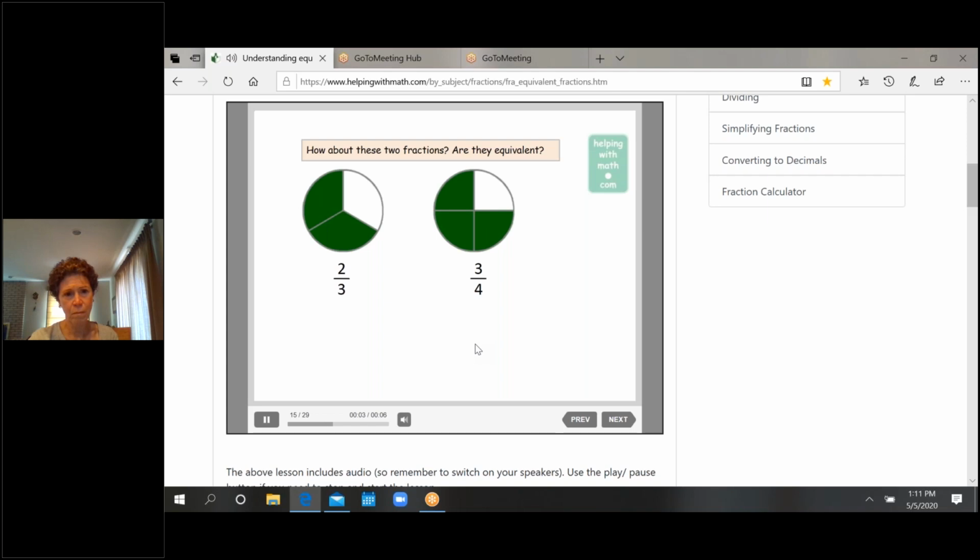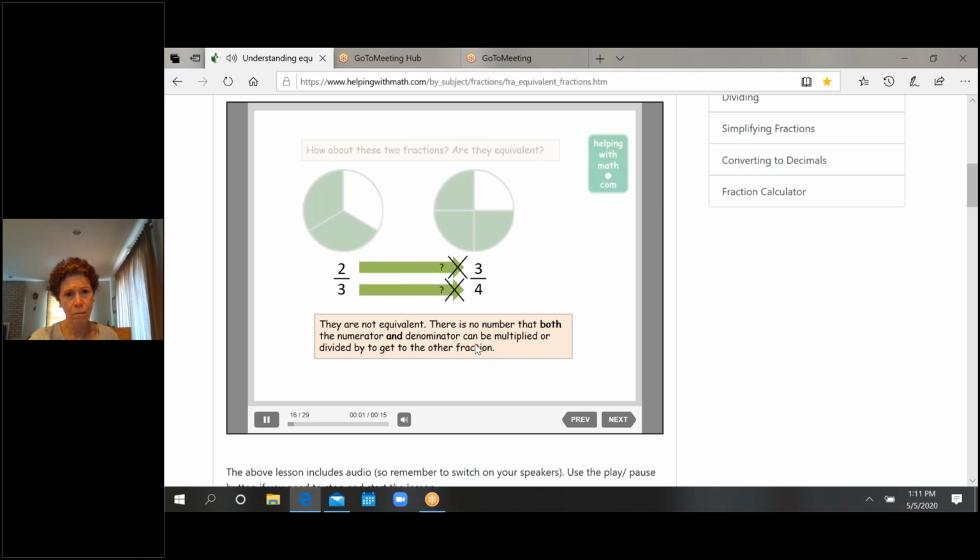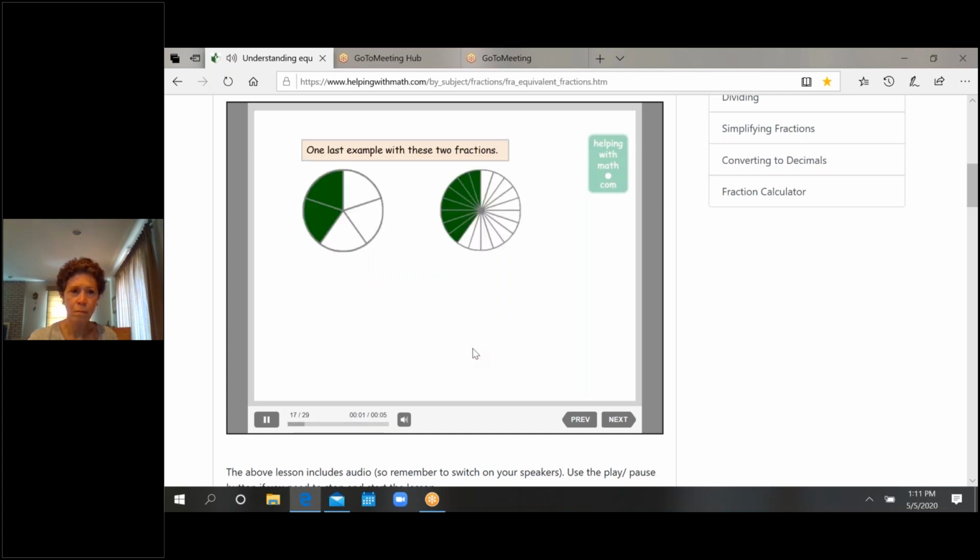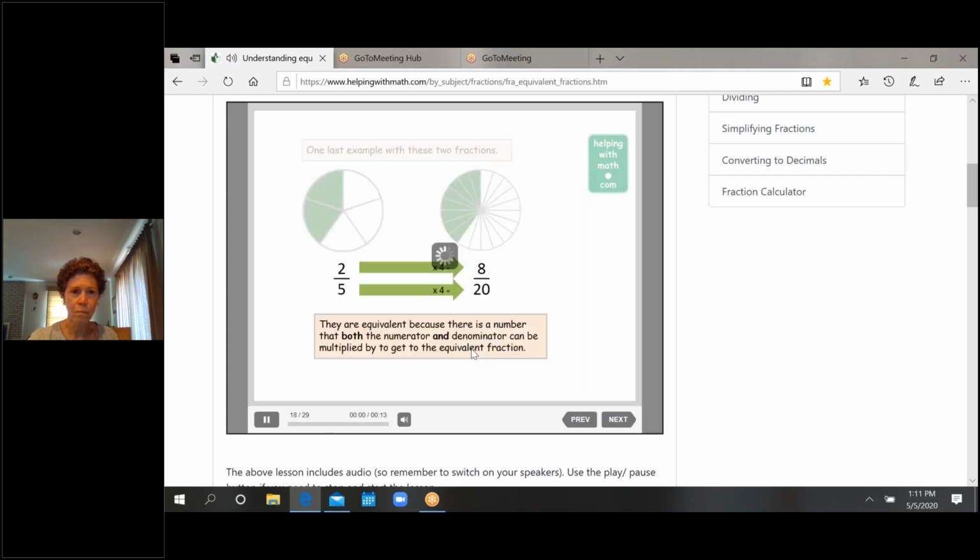How about these two fractions? Are they equivalent? They are not equivalent. There is no number that both the numerator and the denominator can be multiplied or divided by to get to the other fraction. One last example with these two fractions. They are equivalent because there is a number that both the numerator and the denominator can be multiplied by to get the equivalent fraction.